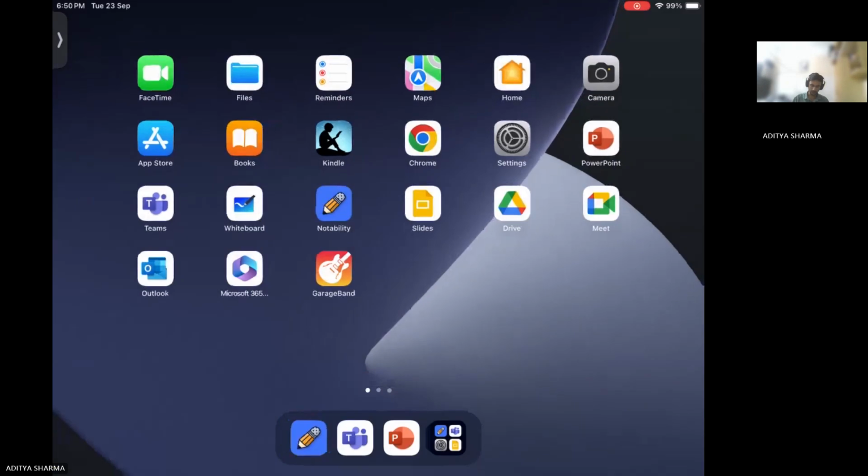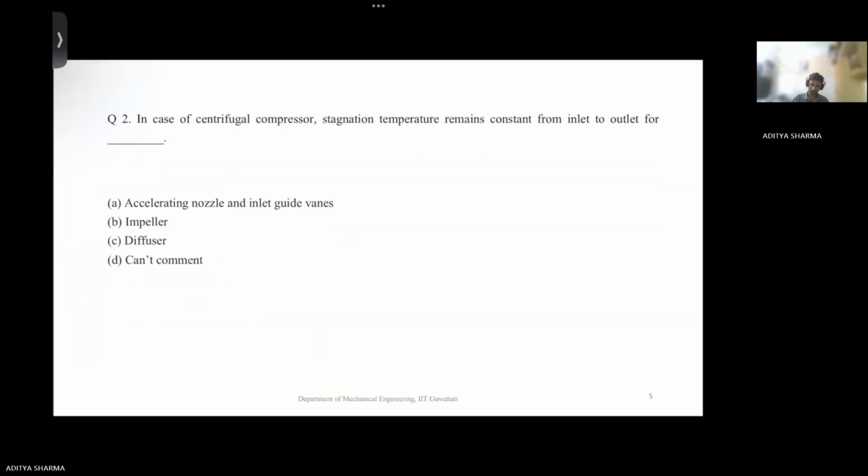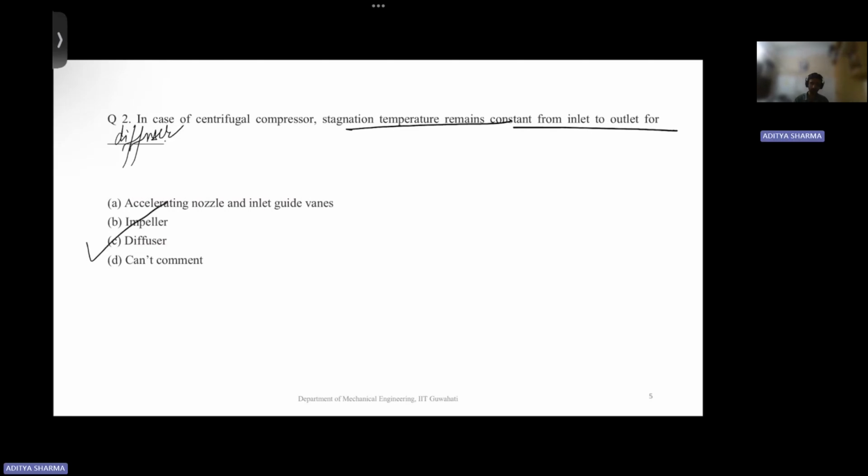So the stagnation temperature remains constant from inlet to outlet for your diffuser. C is the correct answer to this question.